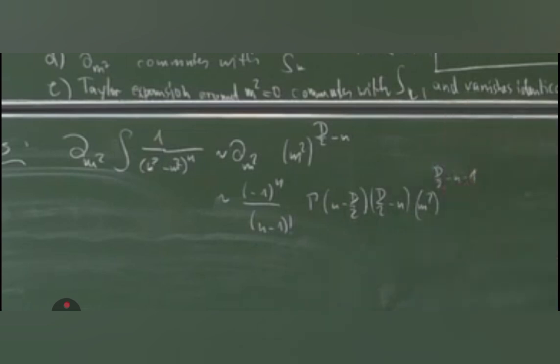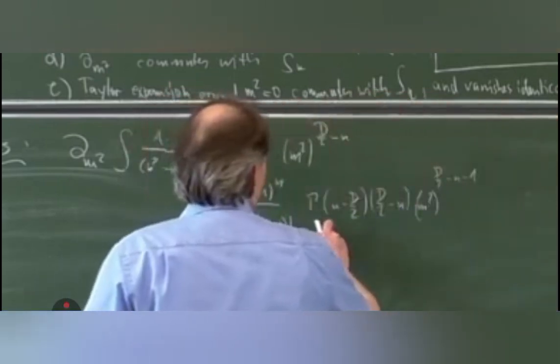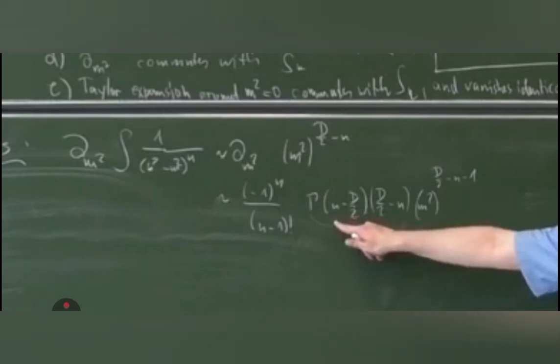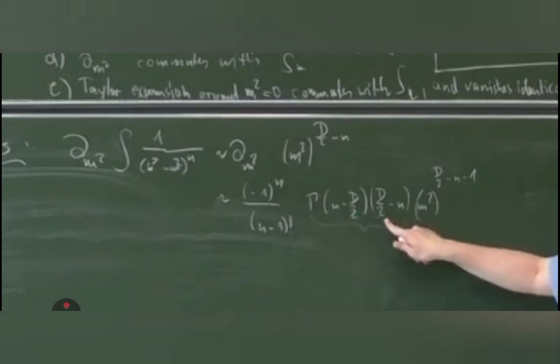Then from the derivative we have times d over 2 minus n and times m square to the power d over 2 minus n minus 1. The minus 1 comes from the derivative. And here you see that actually something happens, namely what happens in the product of the gamma function with this argument times this factor? What do we get?